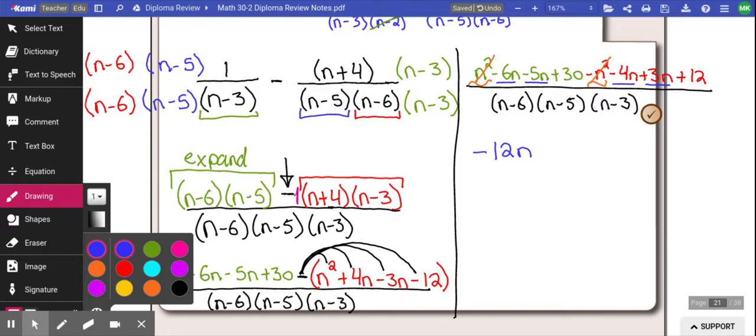So my constants are plus 30 plus 12 to equal plus 42. And the denominator has not changed. I have now successfully taken those two fractions which were being subtracted, and I've combined them into one fraction, and it was a pain.